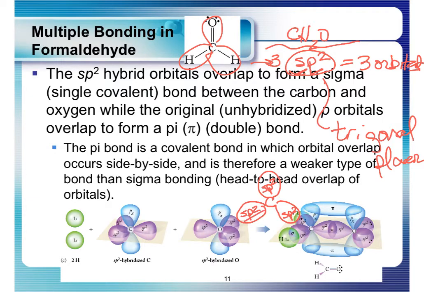So one single bond was to hydrogen. Actually, two of them were to hydrogen, right? And then we had one sigma bond to oxygen. Okay, we need another bond to oxygen, the double bond.